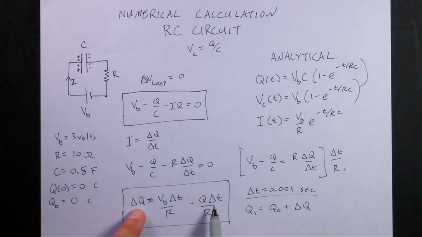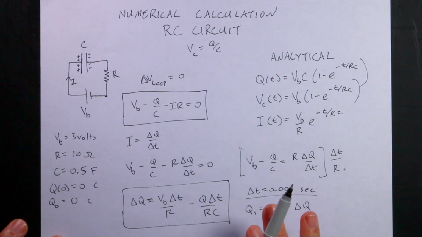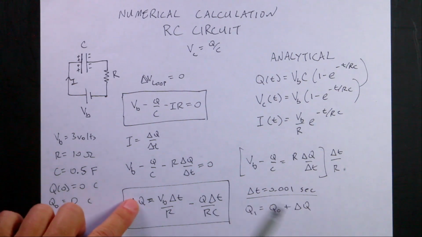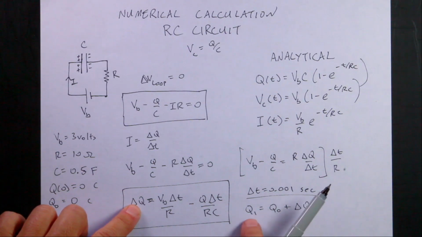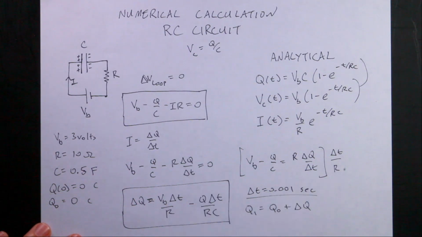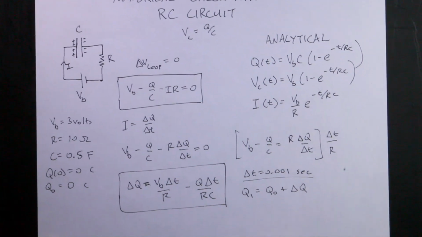But if delta T is small enough, and delta Q is small enough, then I can approximate Q as not changing during that time interval. And so it's a lie, but it's a small lie. Okay, so I can calculate delta Q and use that to find the Q1 after 0.001 seconds. And then I can do it again.